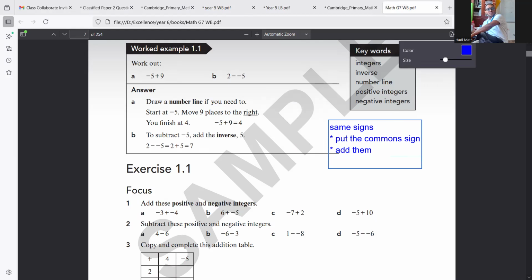Rule number 2, if they have different signs, also apply two steps. Step number 1, put the sign of the greater absolute value, and here I don't mean the greater number, I mean the greater absolute value.